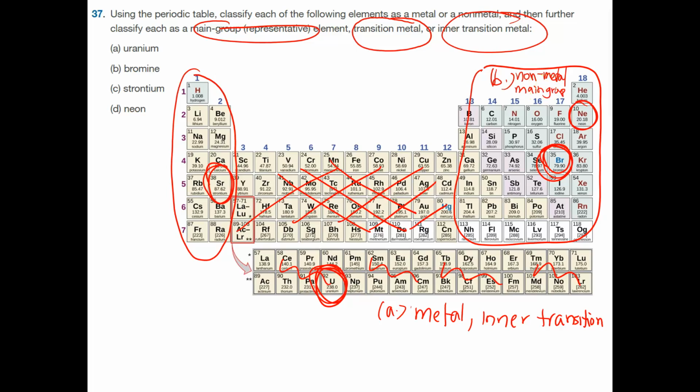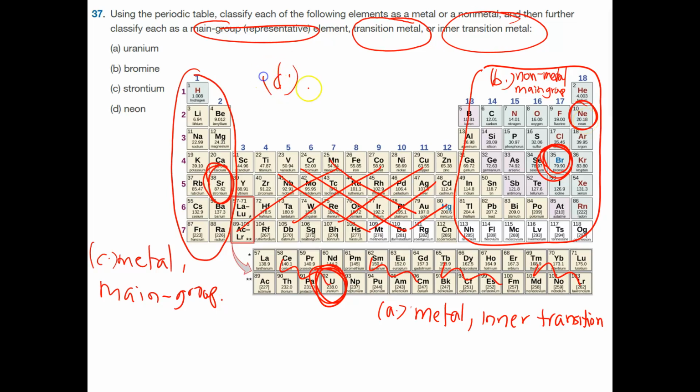Okay, strontium over on the far left, it's a metal. In particular, it's an alkaline earth metal, but we're not asked to mention that. We just have to say that it is in the main group, or we could say that it's a representative element. And then last but not least is neon.